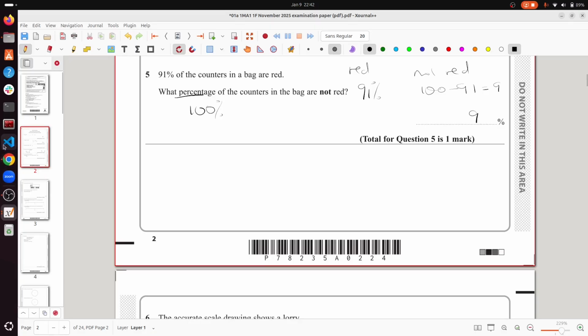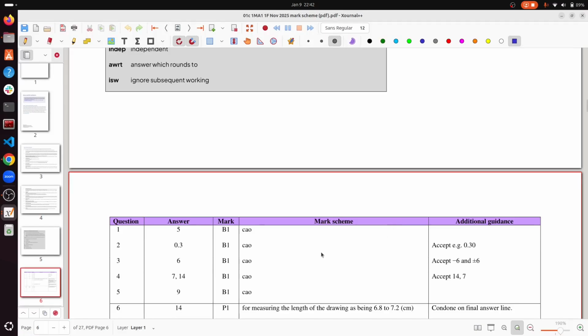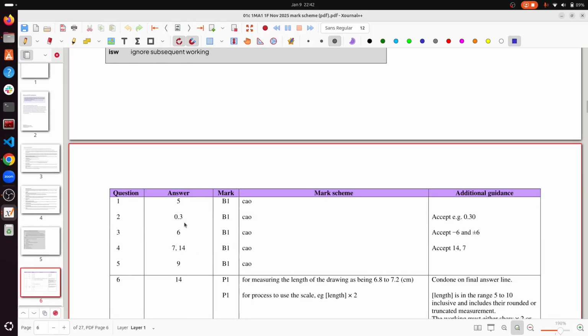I'm just going to go back to our mark scheme so that we can see that those answers are correct. So 0.3, 6, 7, 14, 9, and all of these are correct answer only.